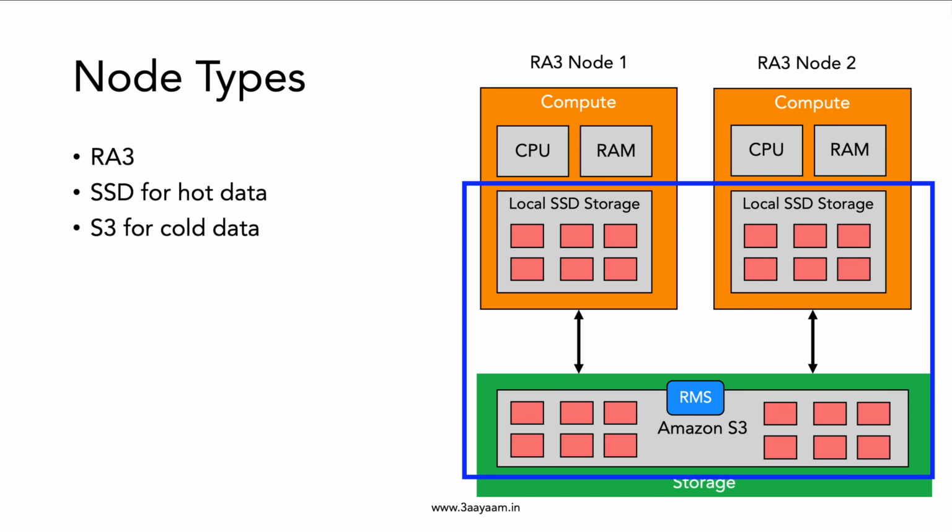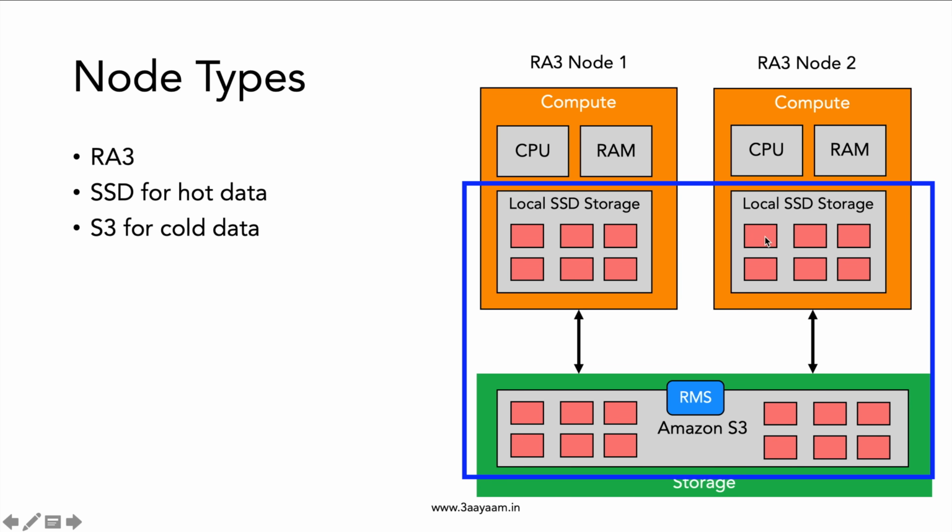Now the access is not slow. Because the network connectivity is fast and we have blocks stored in S3, whenever you read any record, these blocks are read by the RMS software and sent to the compute nodes. It does not have additional latency, and also the price is similar.